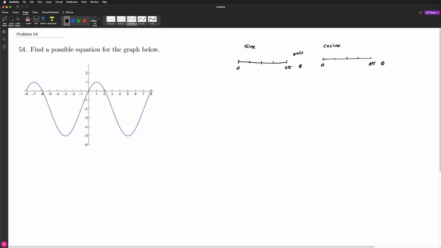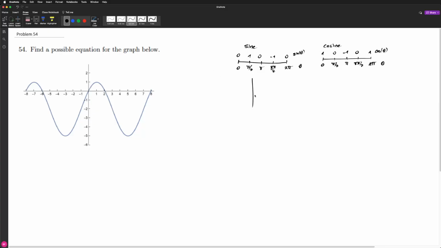And sine of theta and cosine of theta for the 5 angles, which are 0, pi over 2, pi, 3 pi over 2, and 2 pi. The values are, for sine, 0, 1, 0, negative 1, 0, and for cosine, 1, 0, negative 1, 0, 1. Those numbers can be found from the unit circle. That's how we collected them.